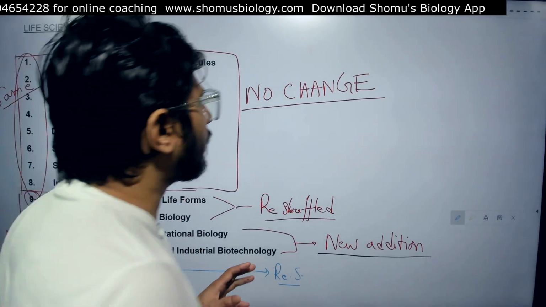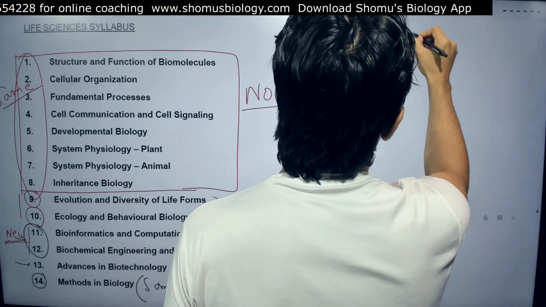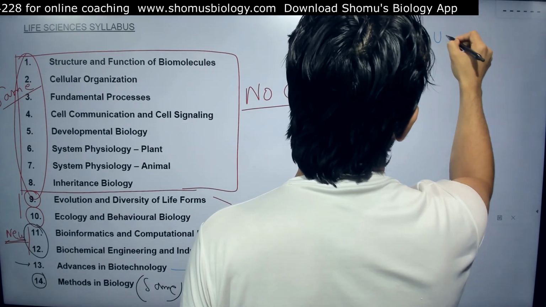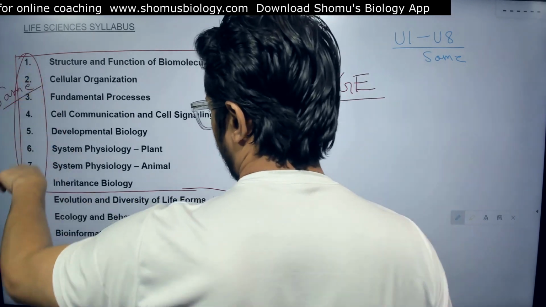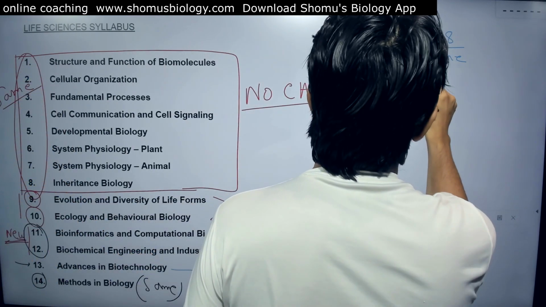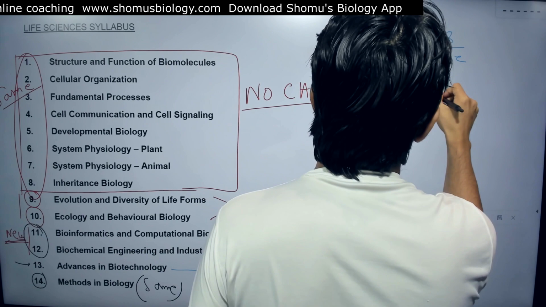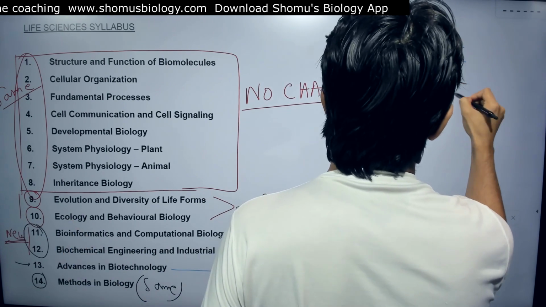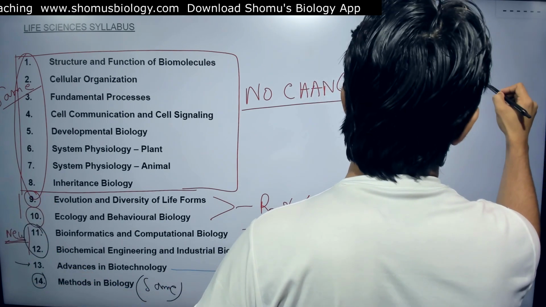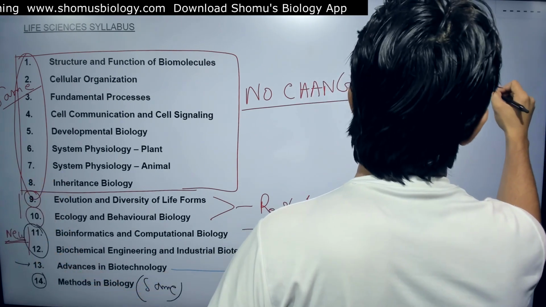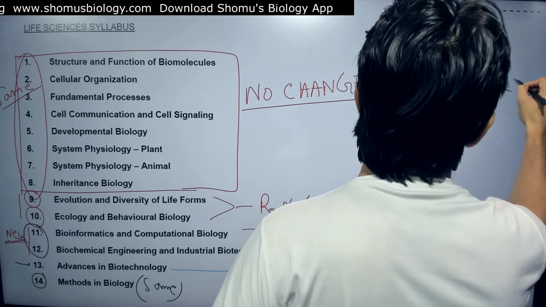So in a nutshell, unit 1 to unit 8 remain the same. Unit 9, unit 10, and unit 12 earlier, now it is unit 13.